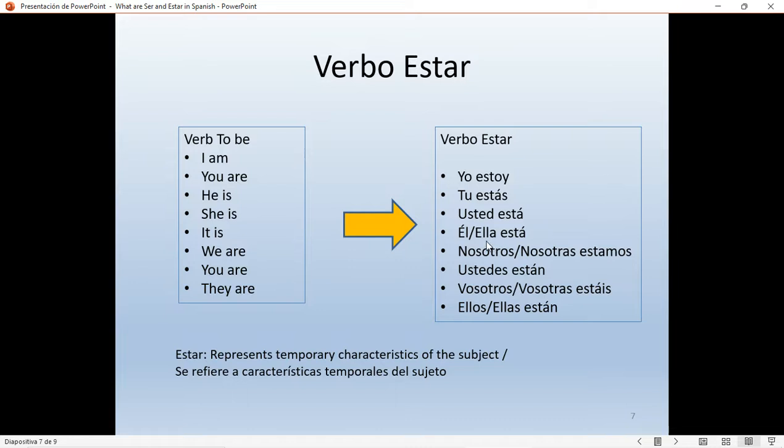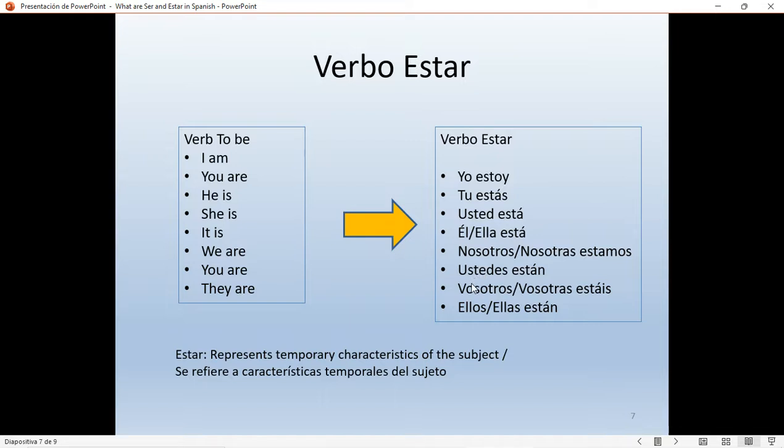And don't forget, we don't have it as a subject pronoun in Spanish. Nosotros, nosotras, estamos. We are. First person in the plural. Nosotros for boys and for both genders together. Nosotras just for female. Ustedes están. You guys are.